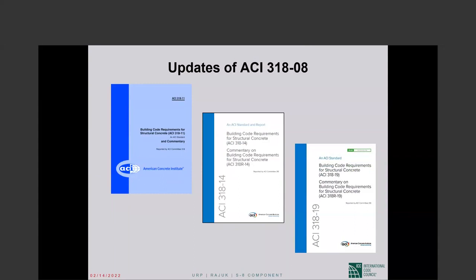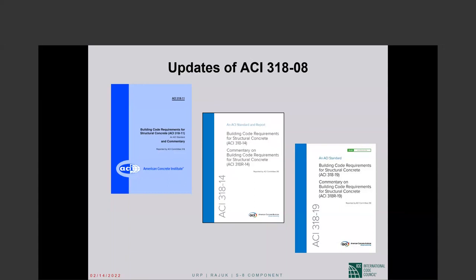The document underwent a complete reorganization in 318-14, which means, among other things, that beyond Chapter 3, nothing is where it used to be. Everything has been moved around. And pretty much with the exception of the seismic chapter, which remains intact, it has not been split up and placed in different places as other chapters have been.